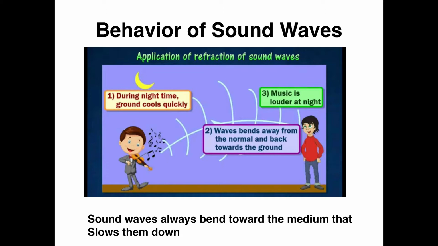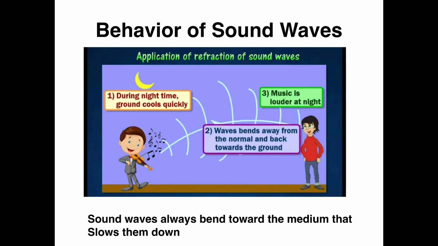and therefore keeps it. So during nighttime, the ground cools quickly, therefore the wave bends toward this ground and keeps the music loud at night, and it's louder at night because of this effect than during the day when the ground is warmer.